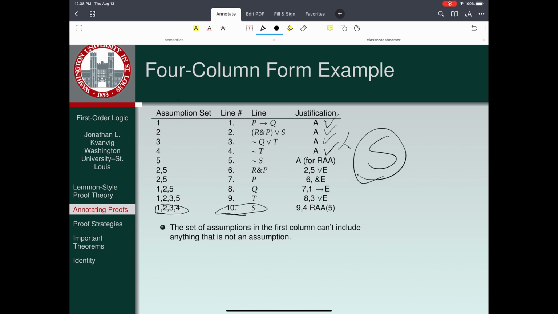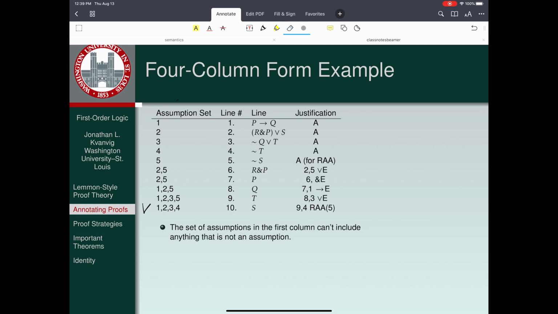We got to S, the conclusion of the problem, and then we look at the assumption set. The assumption set includes lines 1, 2, 3, and 4. As I described the problem, we now have a proof, because the problem gave us those 4 claims as premises and told us to derive S from them. So the way you tell is you look: did you get to S, and did you rely on anything outside of lines 1 through 4? And the answer is no, you didn't.